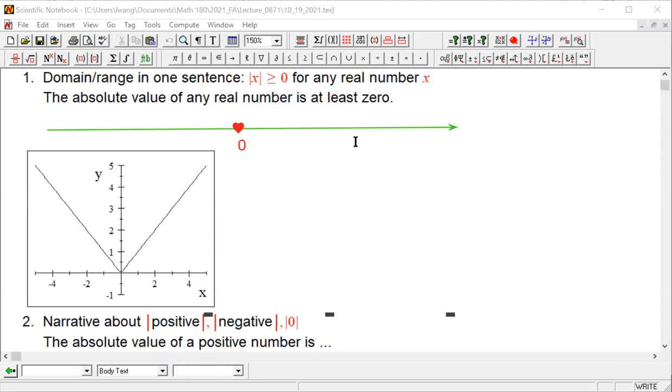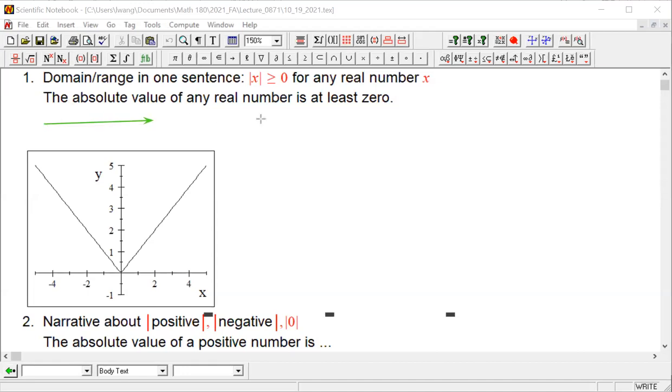And the distance between any number and the origin. For example, I have a number here or a number there. You just have to count how many units are in between, and we don't care about the direction. Oh wait, I just deleted it. Oh gosh, let me do it again.